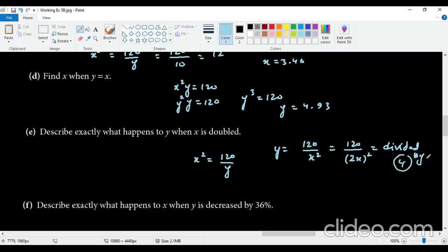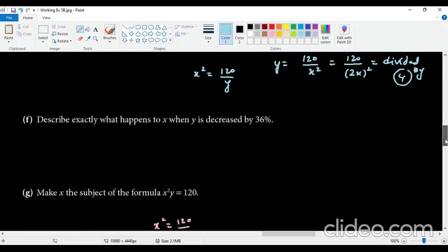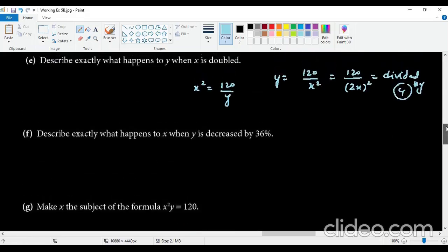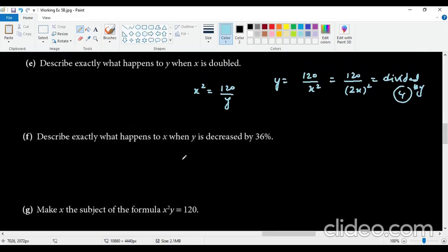Now comes a tricky part, in which it says describe exactly what happens to x when y is decreased by 36%. x square equals 120 over y. Y decreased by 36% means 0.64.